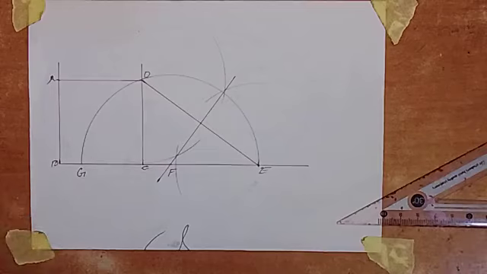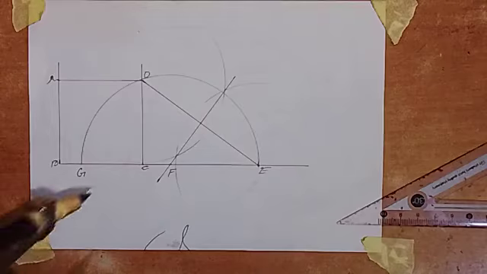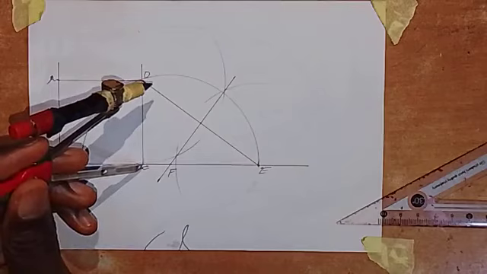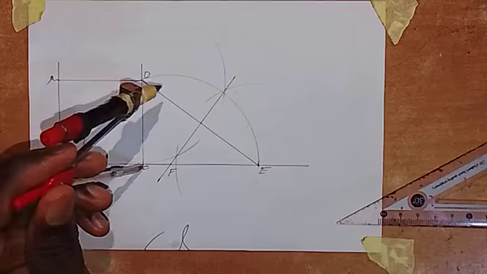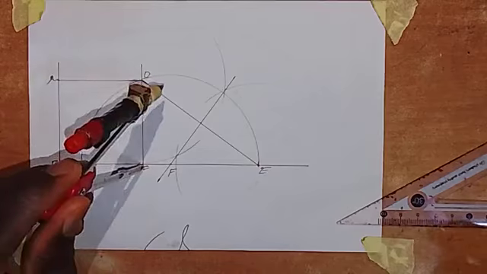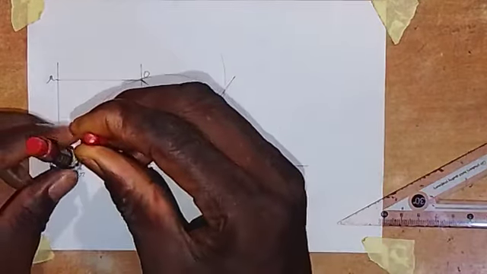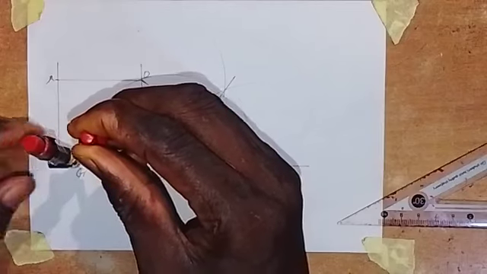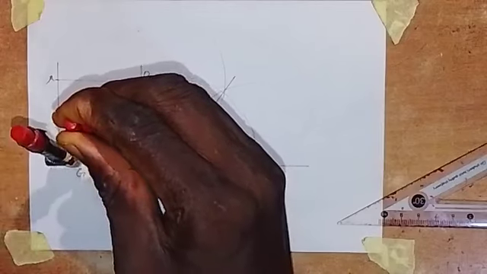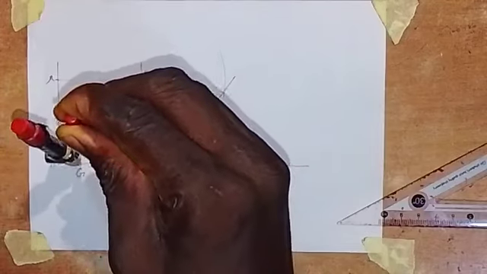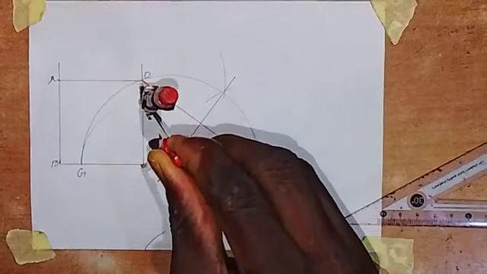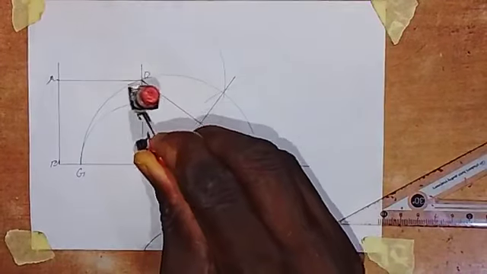Now, the next thing that we are going to do is to put the pin of the compass at point B. Extend the pen point to point G as we have it here, and then draw an arc like this to touch this side CD at this point.